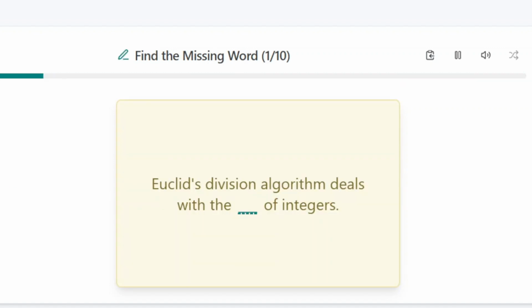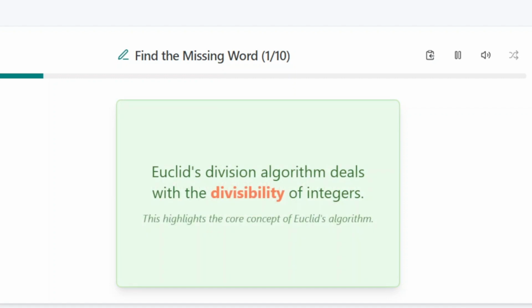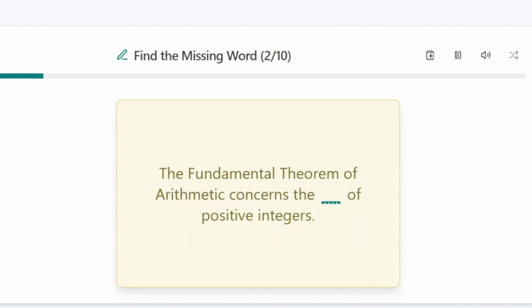Now starting, missing word. Euclid's division algorithm deals with the blank of integers. Divisibility. Explanation: this highlights the core concept of Euclid's algorithm. The fundamental theorem of arithmetic concerns the blank of positive integers.